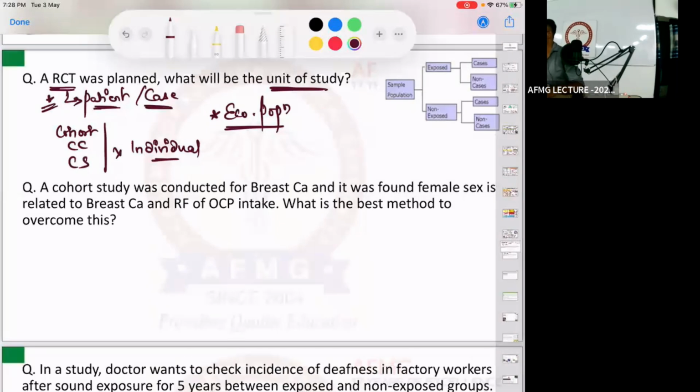So, unit of study I'm asking जल्दी से. Cohort, RCT, case control, ecological, and this cross-sectional, इंडिविजुअल. ठीक है, याद रखना.